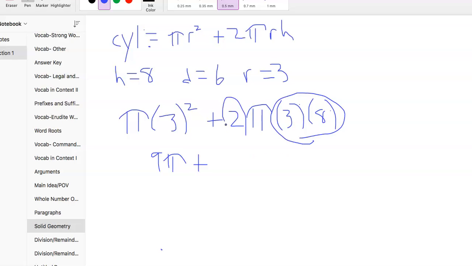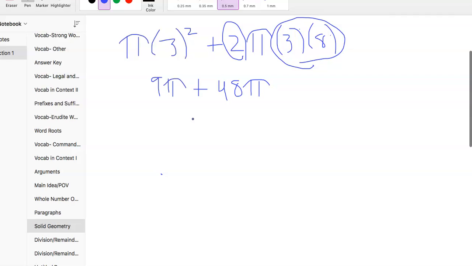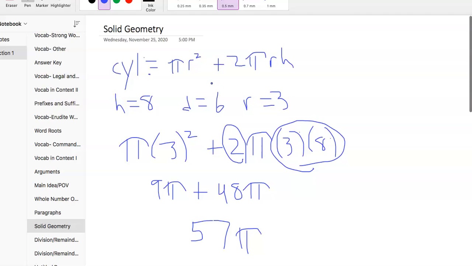And times 2. 24 times 2 is 48 pi. Okay. And 9 pi plus 48 pi. Now we just got that simple addition to do. And we end up with 57 pi.